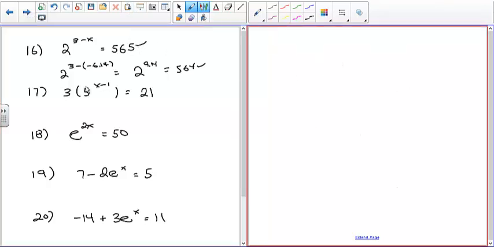Okay, the next one, I've got this multiplier in the front, so I'm going to have to get that out of there. So the first thing that I would do is divide by 3, both sides. So that leaves 5 to the x minus 1 is equal to 7. Now I have the exponential term by itself, so I can take the natural log of 5 raised to the x minus 1 power is equal to the natural log of 7.